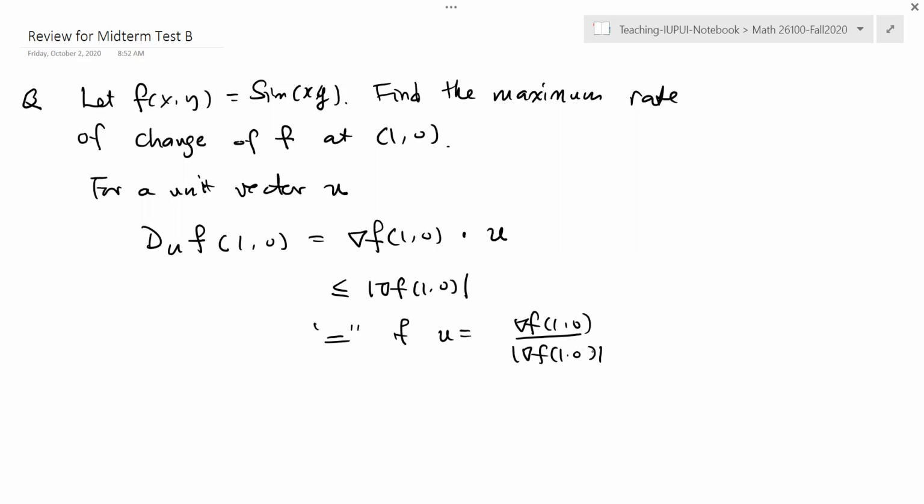Here we're talking about a unit vector. So in order to find the maximum rate of change, this is the maximum rate of change, okay? And in which direction? You can figure out the direction also. The direction is the gradient, okay?